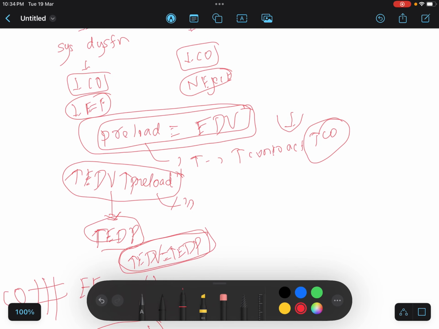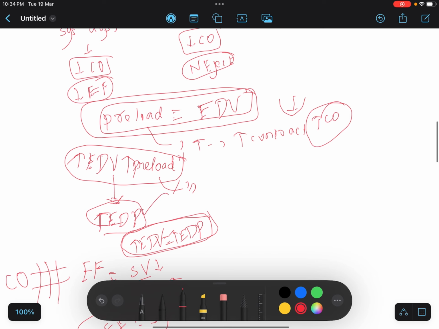If there is increased end diastolic volume and increased preload, it directly tells us the pressure is increased. It's very easy to understand: when there is increased preload, there will be increased end diastolic pressure.